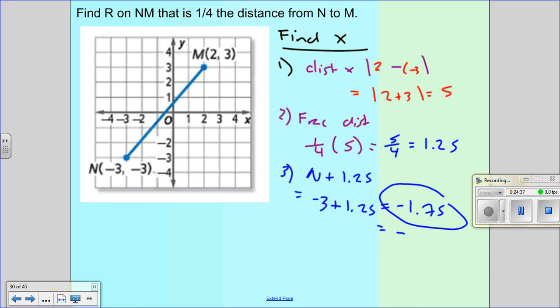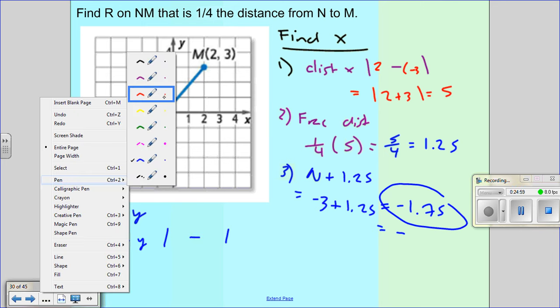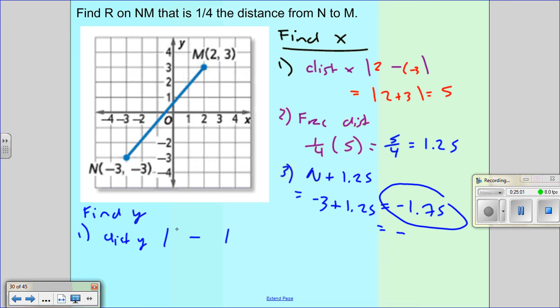So now we got to find y using the same steps. First, find the distance from y to y. Have your absolute value and your minus. One of your y's is at positive 3, and it's on the right, and the other one's at negative 3.